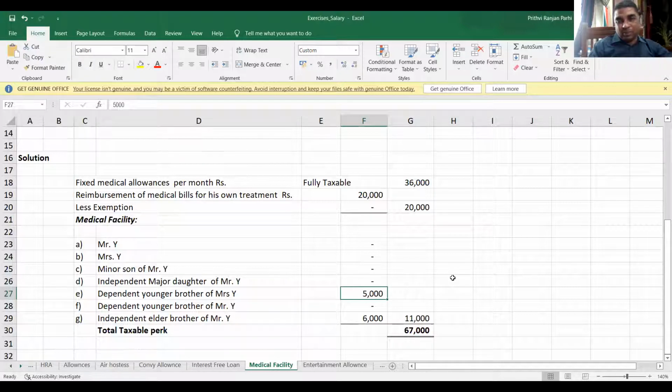So the total taxable amount comes to 36,000 allowances, 20,000 reimbursement, and 5,000 plus 6,000, that is 11,000, as the medical facility. Total comes to 67,000. Did you understand? Yes, sir. Okay.